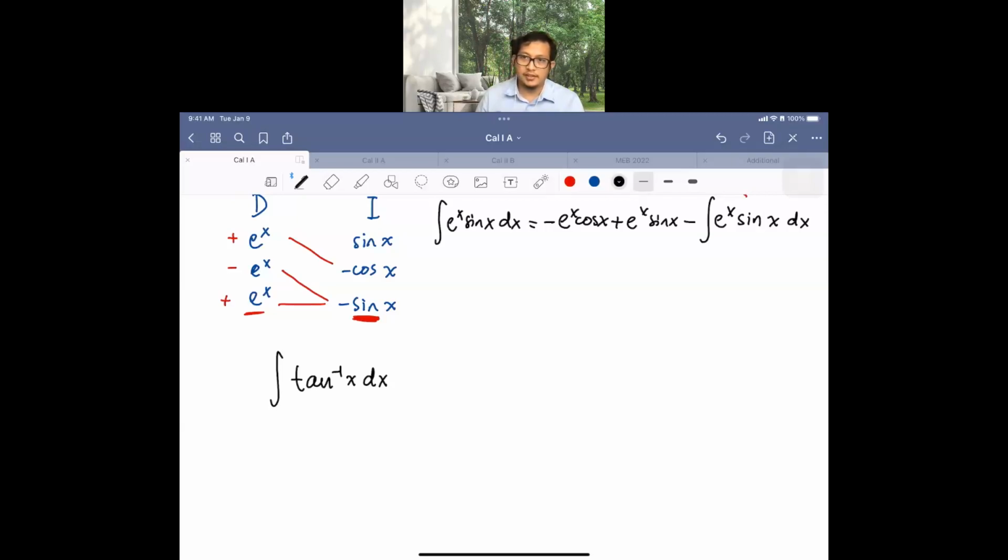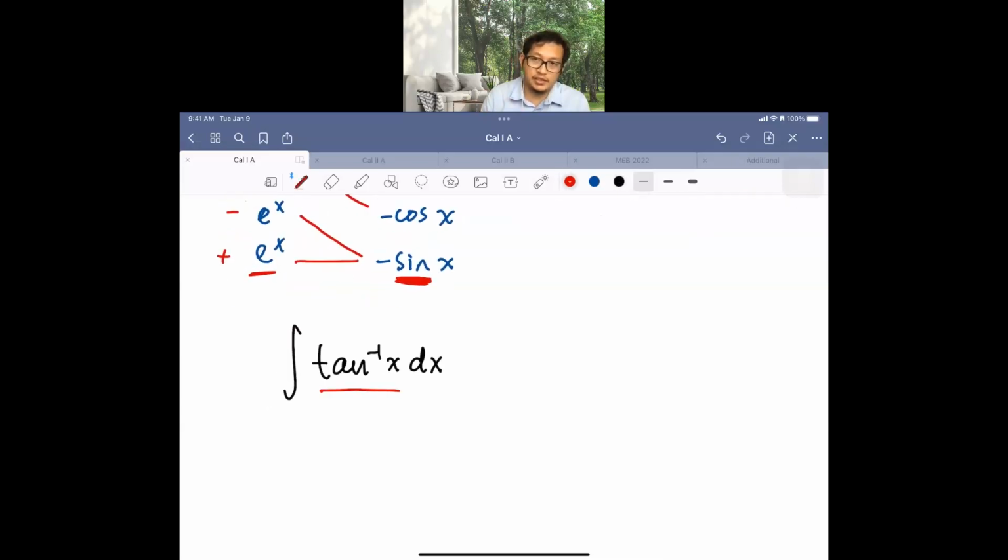Well, I think the easiest way to think is that if you take tangent inverse, you don't know the integral of tangent inverse, right? But we know the derivative of tangent inverse. So if we take u as tangent inverse x, we get du as 1 over 1 plus x squared, and then take dv as dx, and v is x.